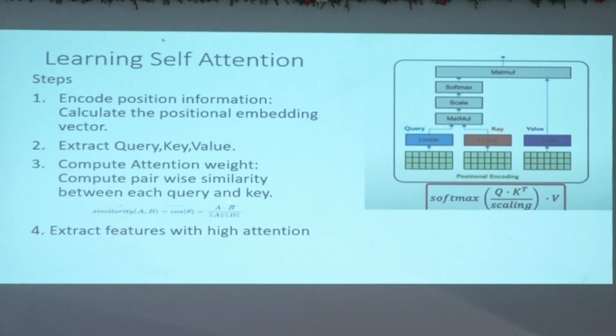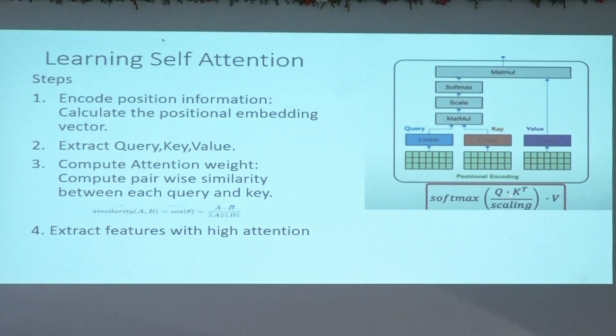For the formula with A and B, we calculate the dot product between the matrices. The dot product is calculated, that is the matmul, and then we scale it, and the extracted features will be of very high resolution, and then softmax is applied on the whole thing.